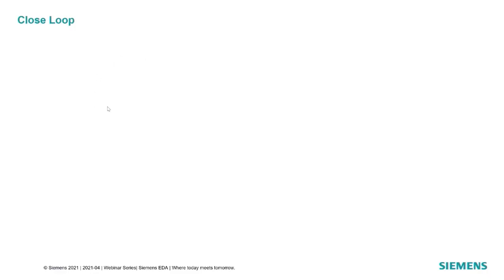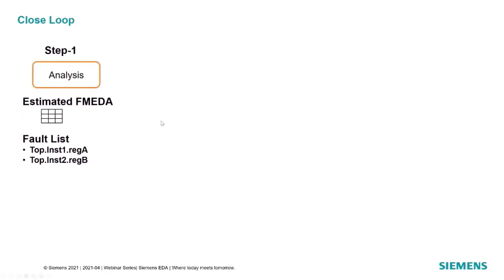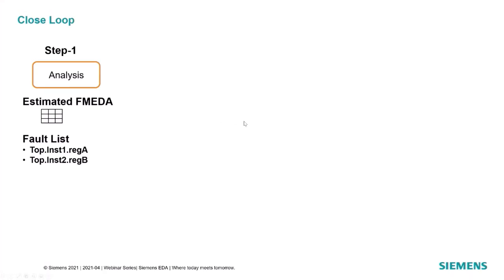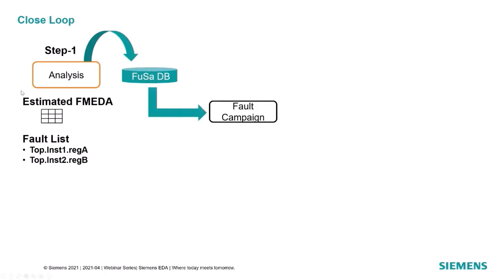Yeah, so in the closed loop, what we are trying to do is take the analysis portion, which was our estimated FMEDA, and we were also able to generate an optimized fault list. And then progress that analysis side of the results to the fault campaign.